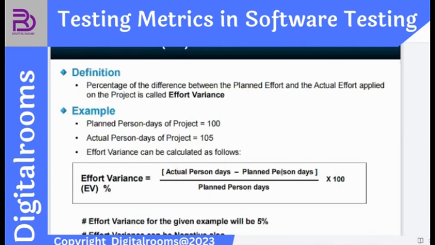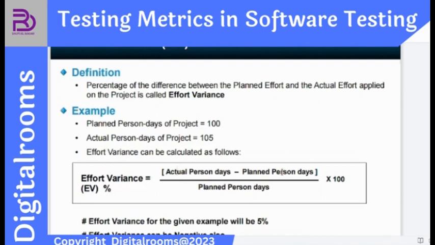You can consider it this way: say a building is getting built. How many laborers you need and how many laborers you have now. This is the difference between the actual and the planned.